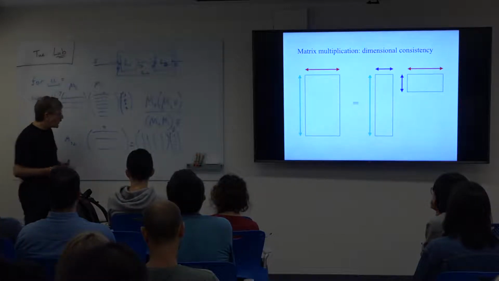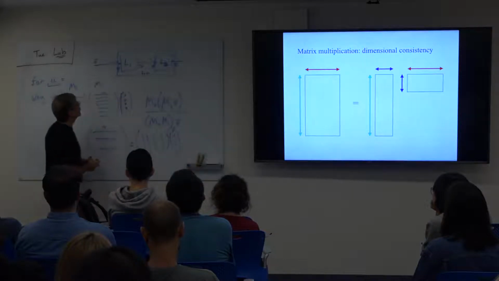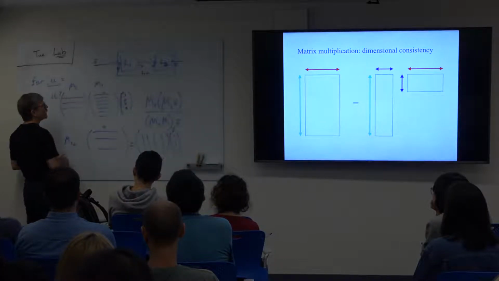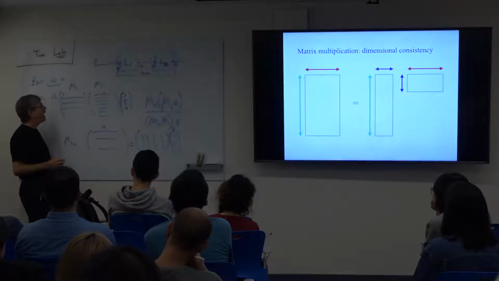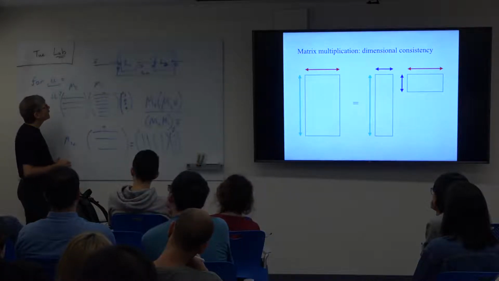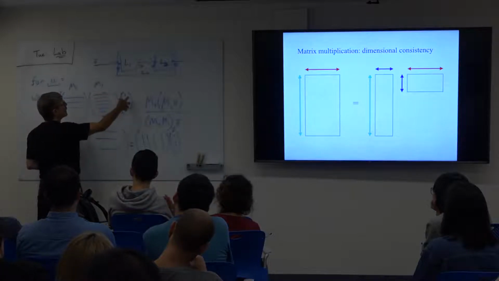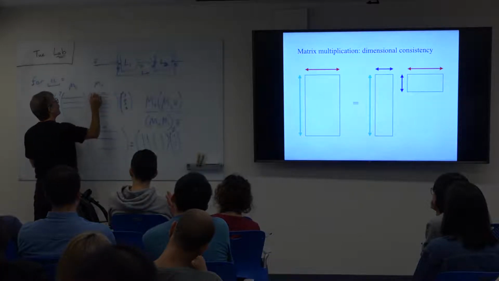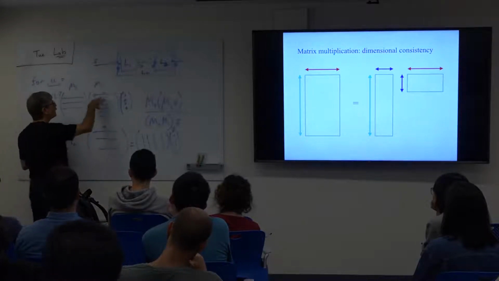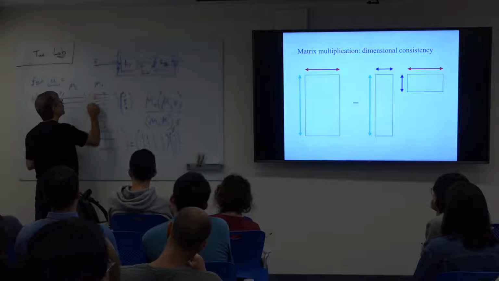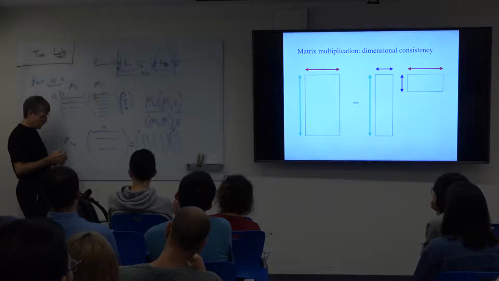So I'm going to use colors to denote this. This system applies to this. It's going to produce 7 numbers. And what is going to happen? Well, I'm going to do this dotted with this, and I'm going to get this number, because the others get multiplied by zeros. I'm going to do this dotted with this, and I'm going to get this number, etc. So what am I going to get?